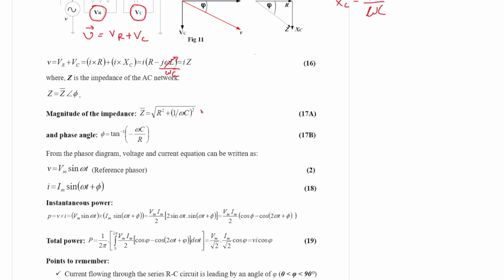So it is the magnitude and it is the angle.